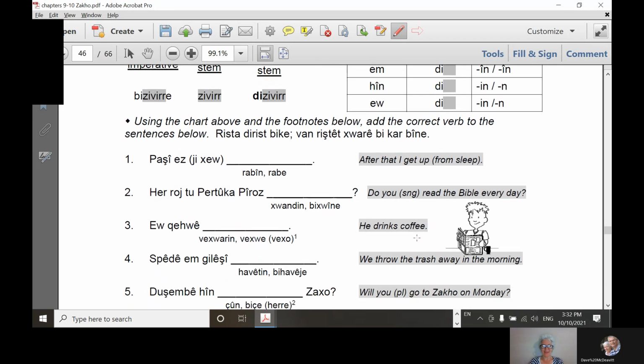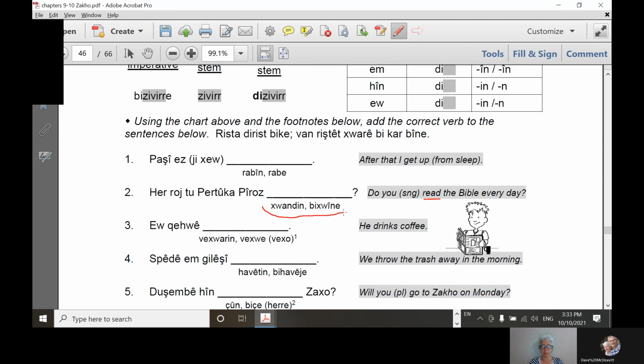Let's look at the next one. Okay, number 2. Do you read the Bible every day? All right, what a question. Sometimes people ask you that. So what's our subject? You, singular, is the subject. Okay, so let's find it. Here we go. Do. And what's our verb? Our verb is read. Okay, so here's our verb for read.